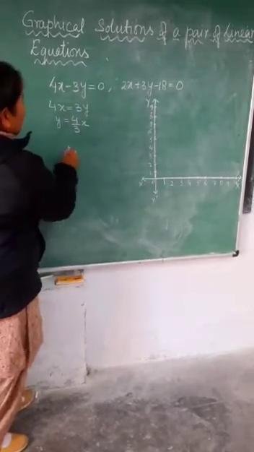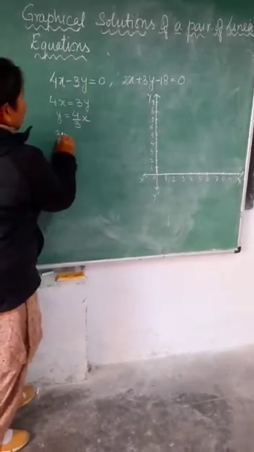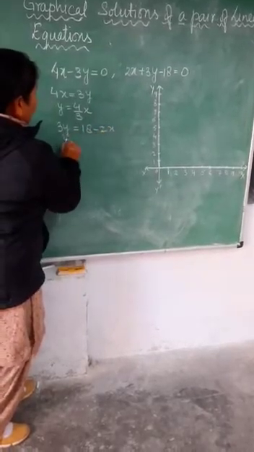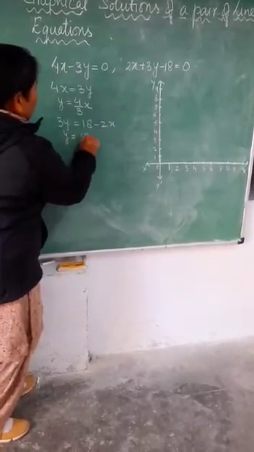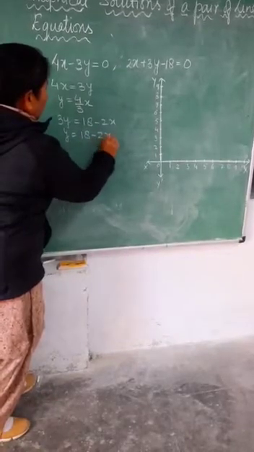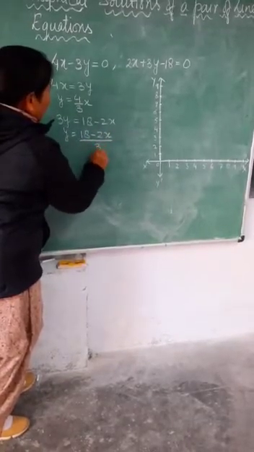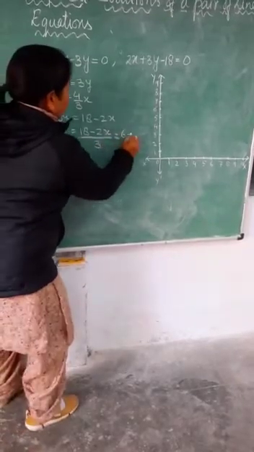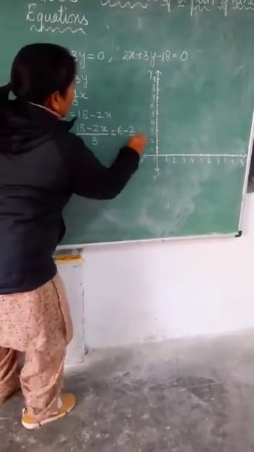And the second equation can be written as 3y equals 18 minus 2x, and y equals (18 minus 2x) upon 3, or if we separate this, we will get 6 minus 2 upon 3 x.